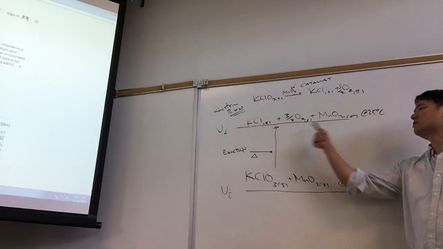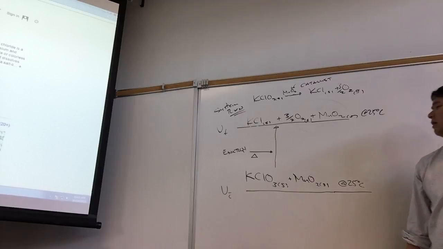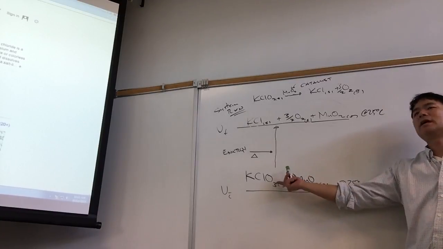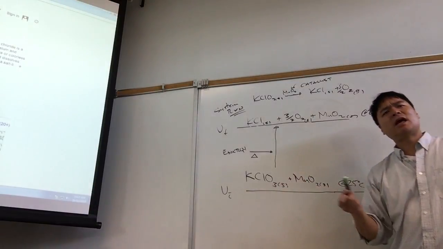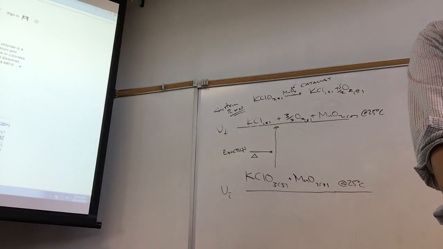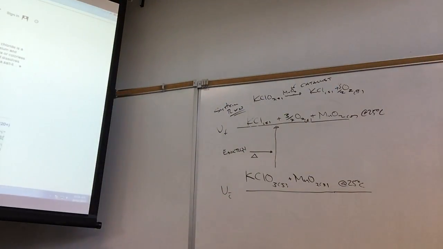If we did this under constant volume, what do you notice is happening? We're going from a mole of KClO3 solid. Well, how much volume does a mole of KClO3 solid occupy? Let's look at its molar mass, potassium chlorate, and its density. Give us an idea.